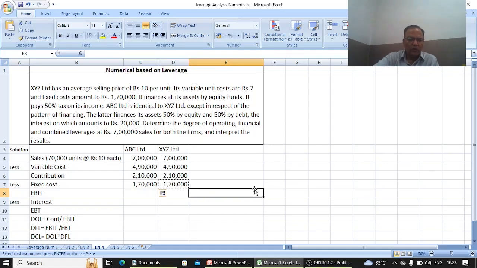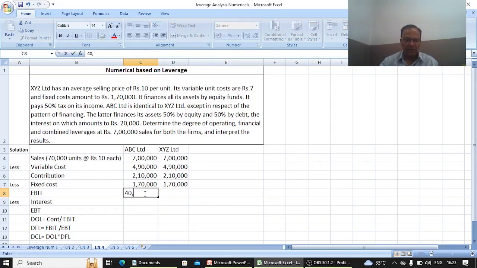Now if we deduct, this is EBIT, it will be 40,000, it will be 40,000.